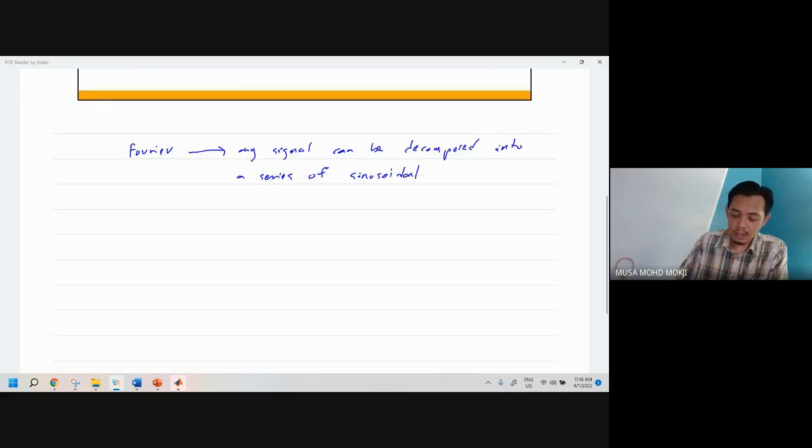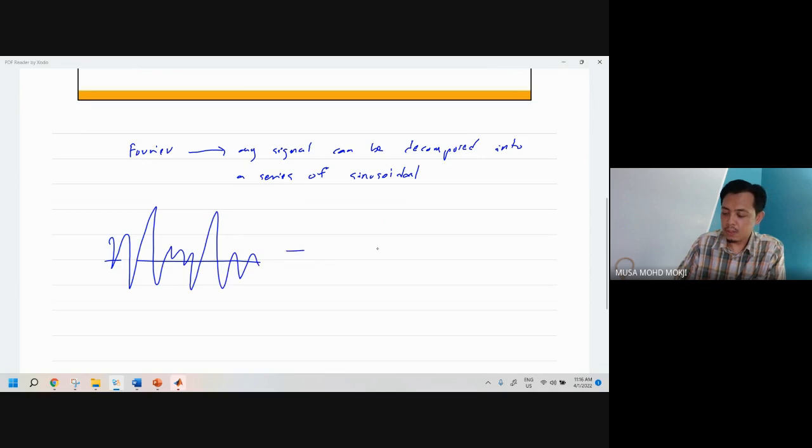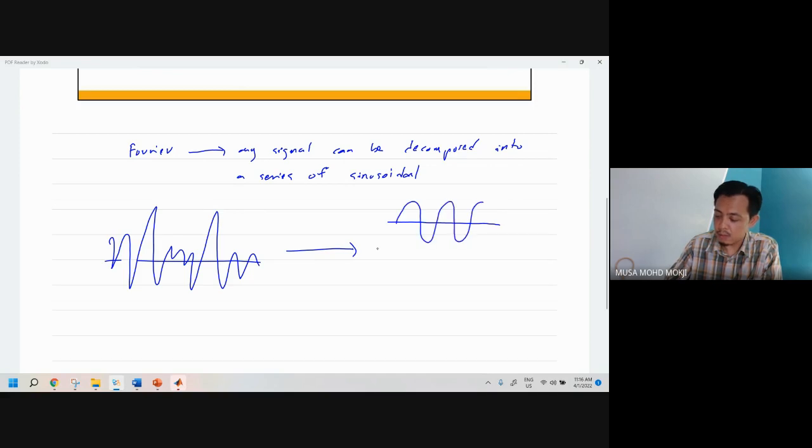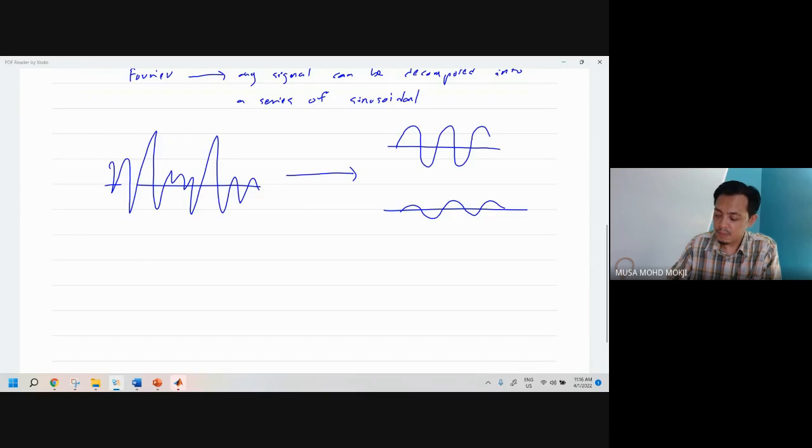It means you can have any signal, and it can be decomposed. Decomposed means you can have this signal, and then this signal, and then this signal.